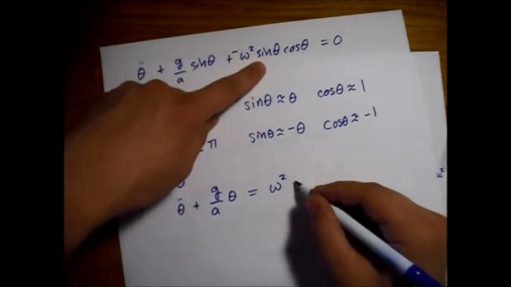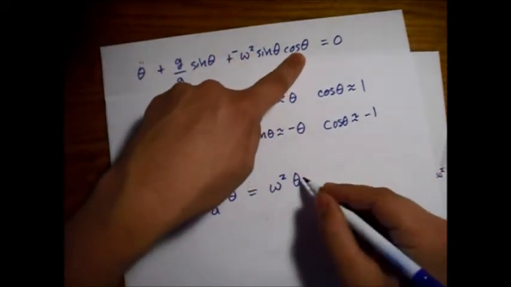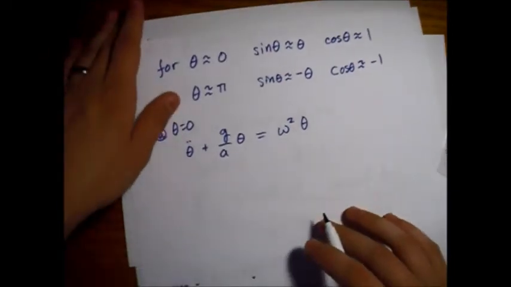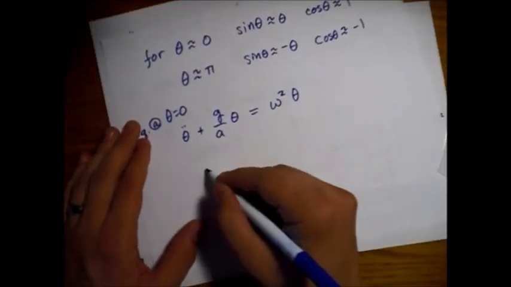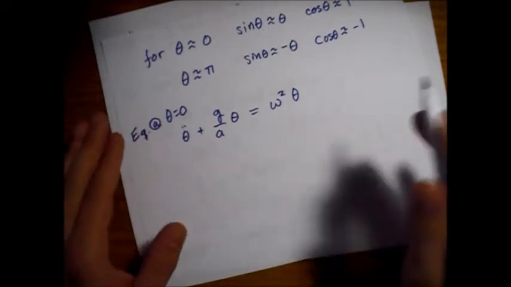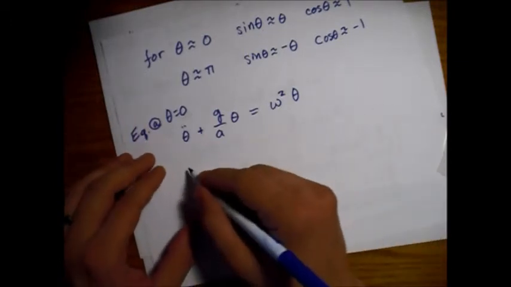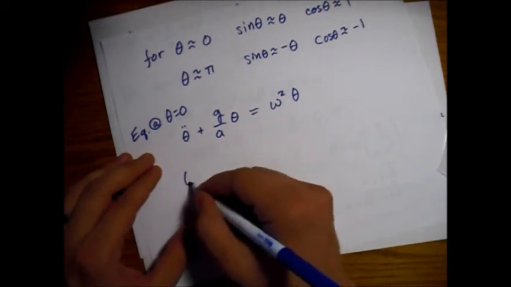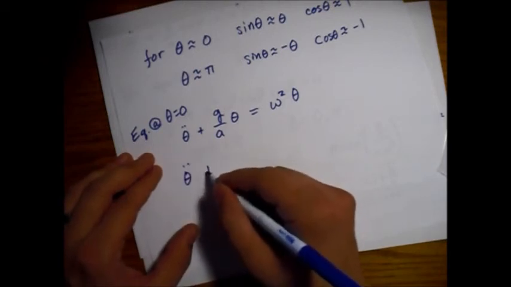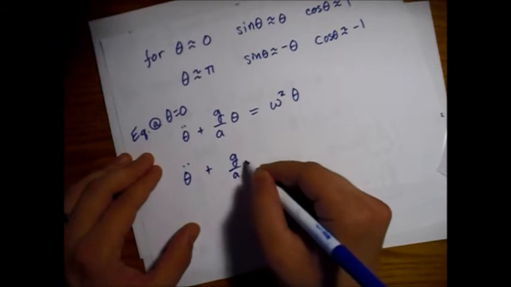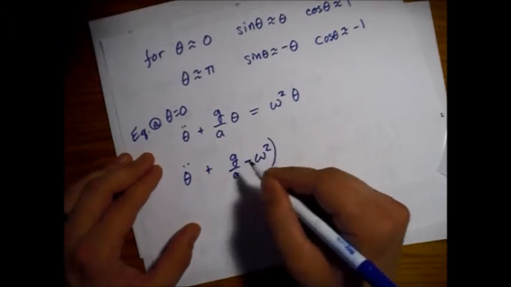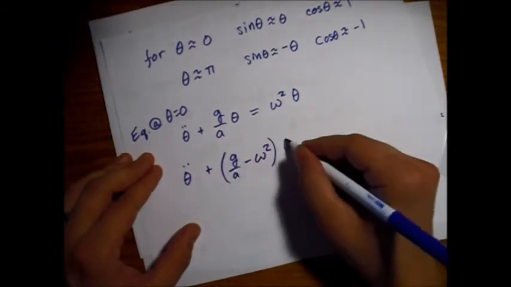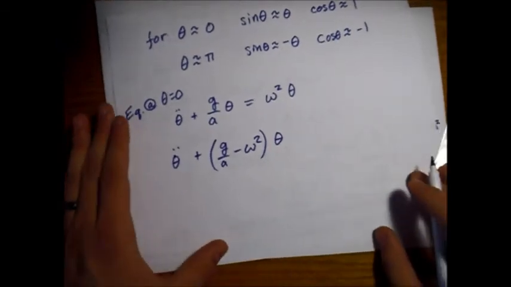All right, so this is about equal to theta, and this is about equal to 1. So here's what we've got. If I write this in the form of the simple harmonic oscillator equation, all right, so here we go.